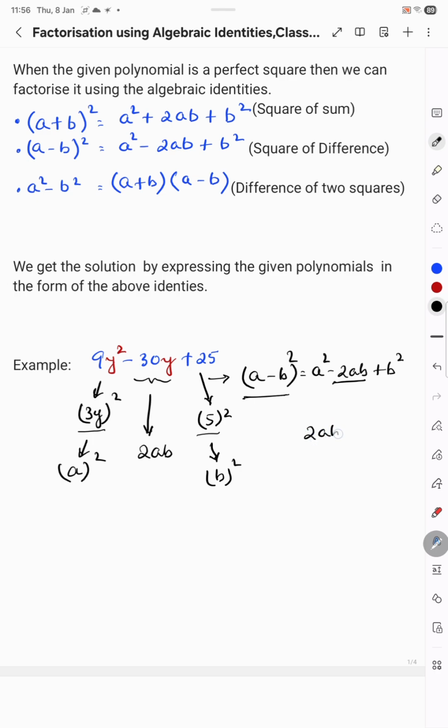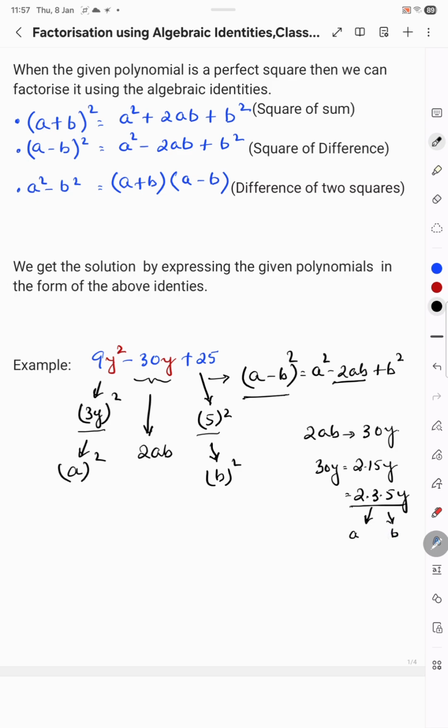Now let's see the 2ab part. We need to match this with 30y. Now 30y can be written as 2 into 15y, which can be further written as 2 into 3 into 5y. So now see here, 3 is part of a and 5 is our b.